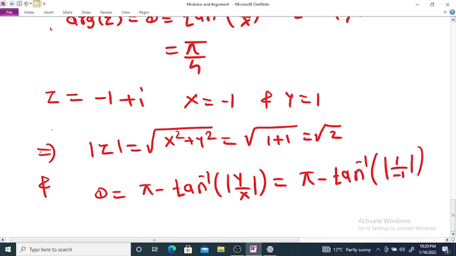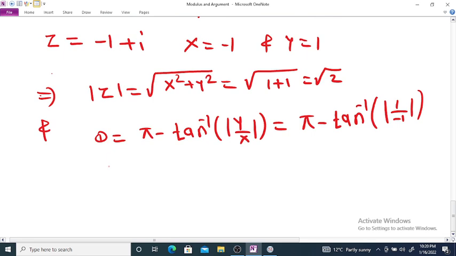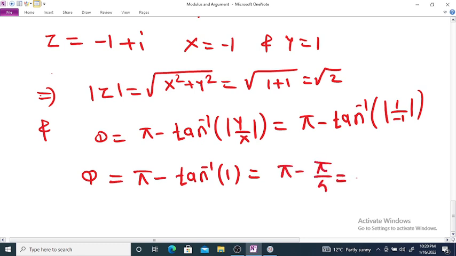Since it is an absolute value, and the absolute value is always positive, it is equal to pi minus tan inverse of 1, which is equal to pi minus pi by 4, which is equal to 4 pi minus pi over 4, that is 3 pi by 4.